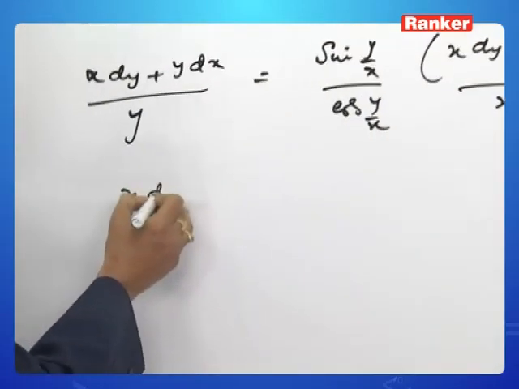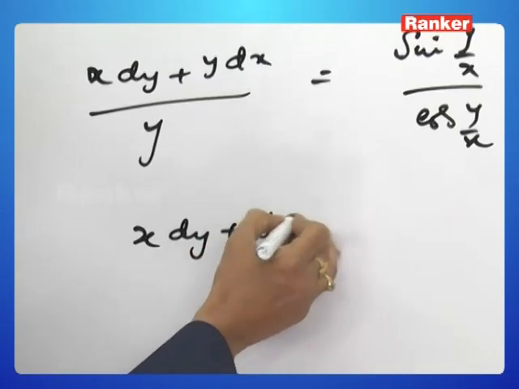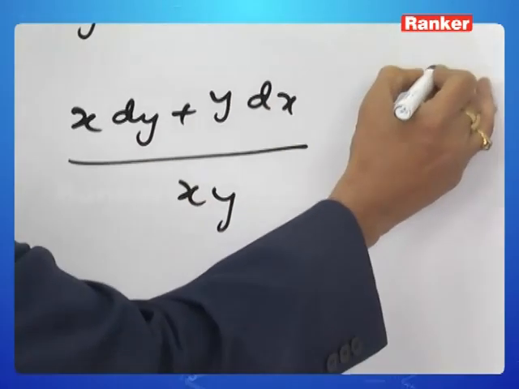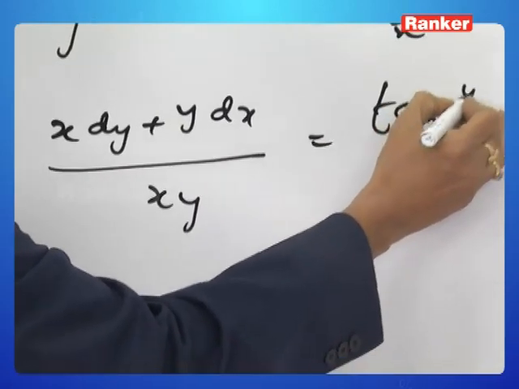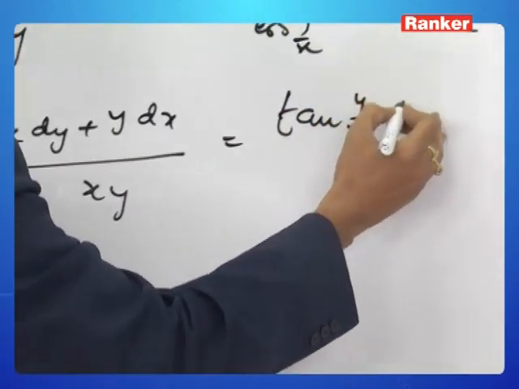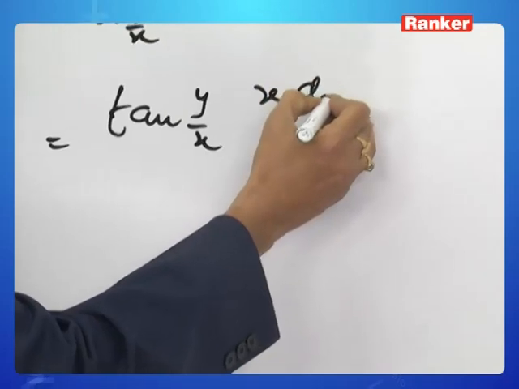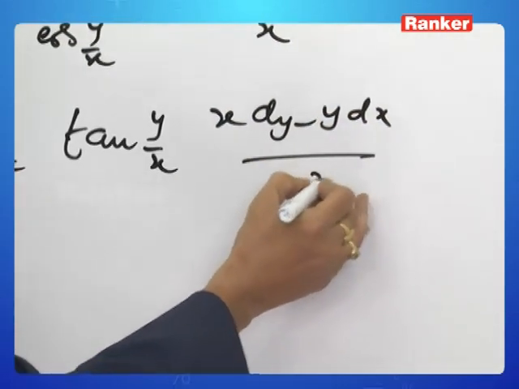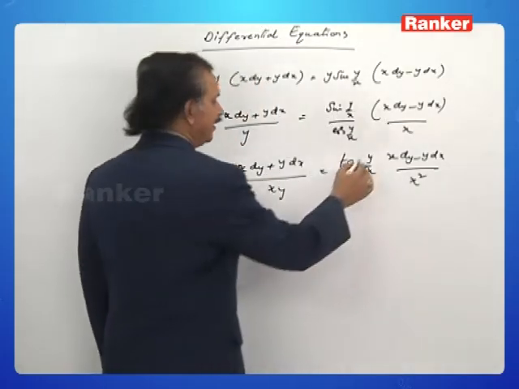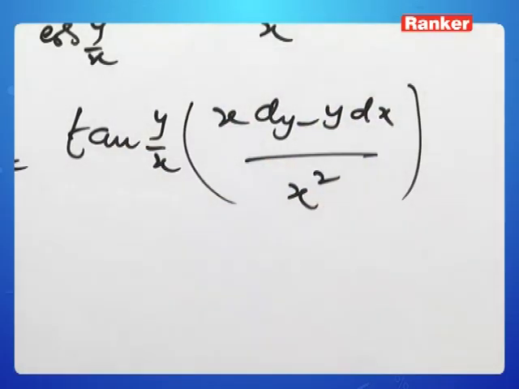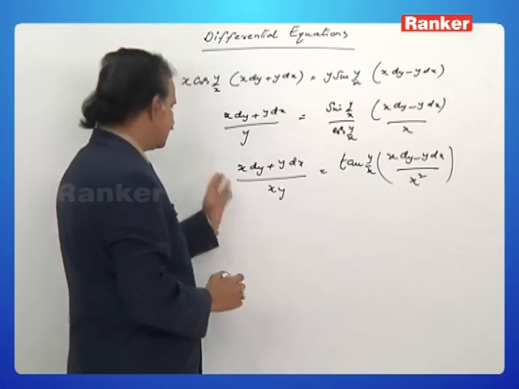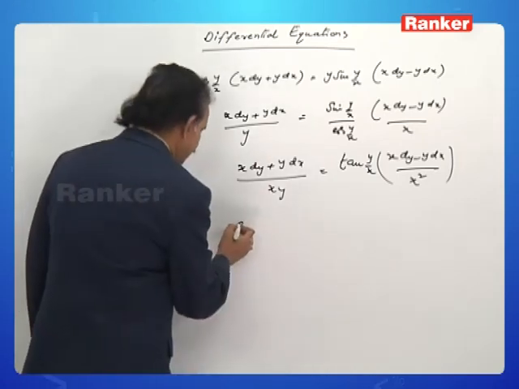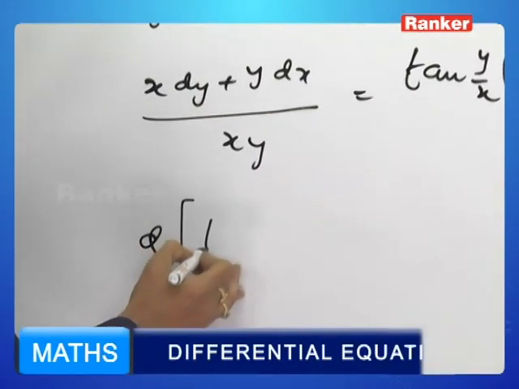Then (x dy + y dx)/(xy) = tan(y/x) times (x dy − y dx)/x². Now you imagine (x dy + y dx)/(xy). This is nothing but the differential of log xy.